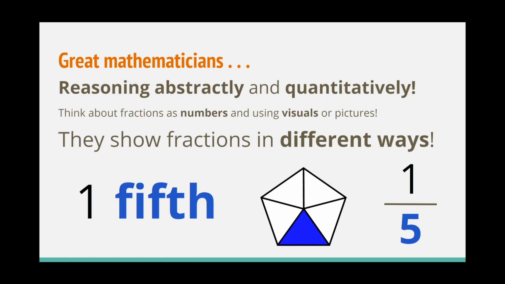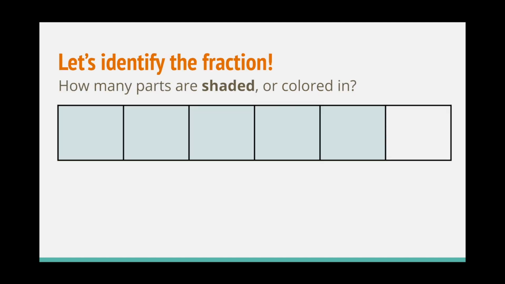Last time we talked about how mathematicians reason abstractly and quantitatively. They think about the numbers they're using, and they think about the pictures and visuals they're using. So we can write fractions in words, we can write fractions using pictures, and we can write fractions using the fraction bar, like 1/5. So let's identify the fraction.